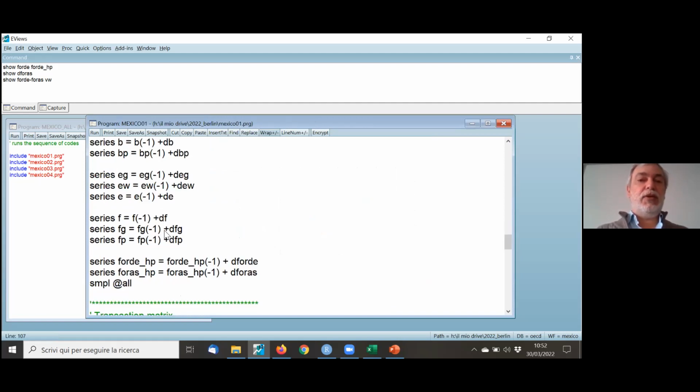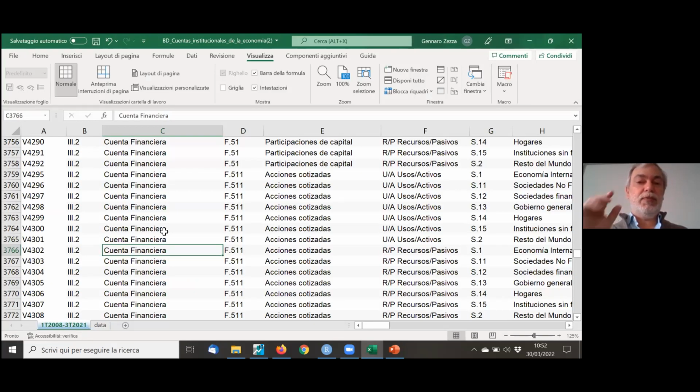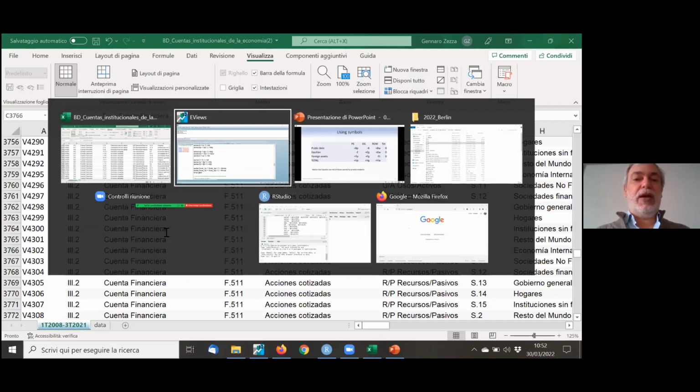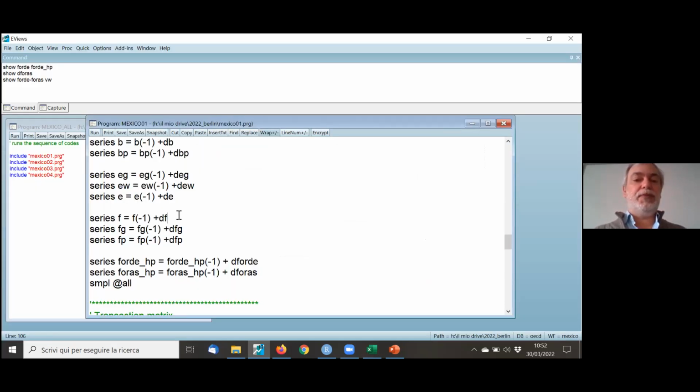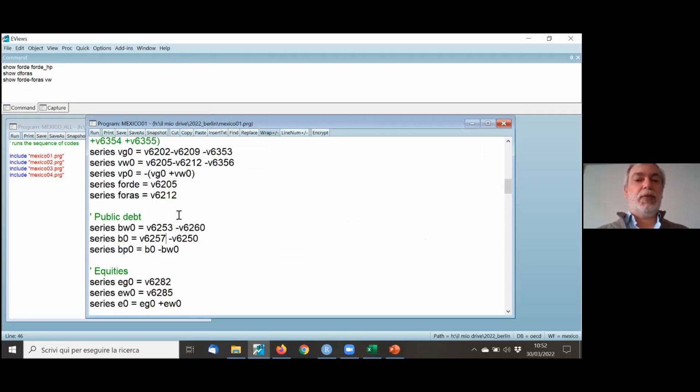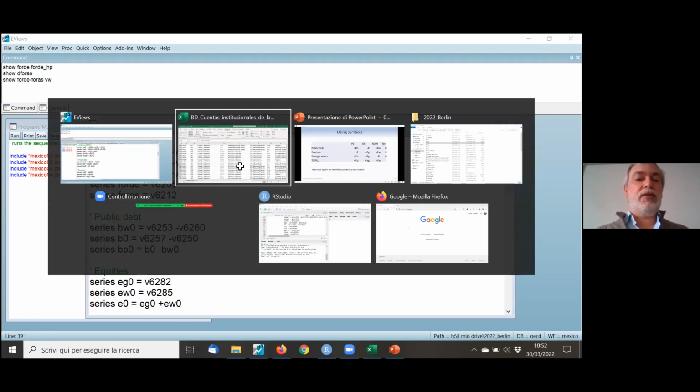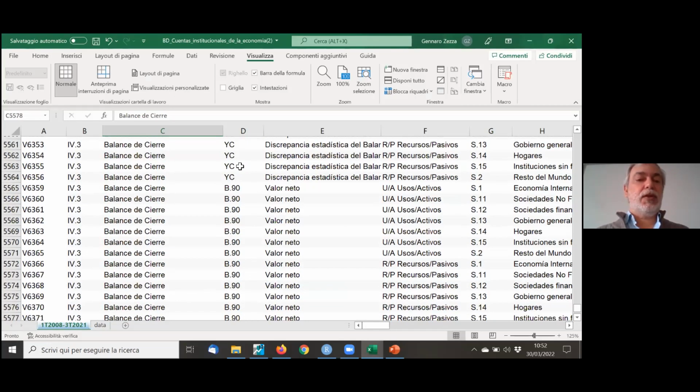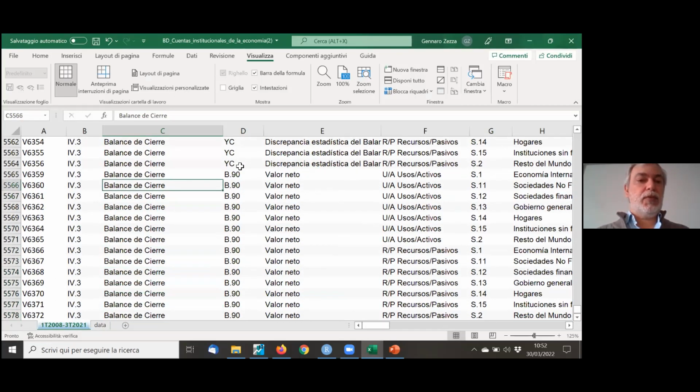And this something wrong may also be the consequence of the statistical discrepancy, which is the variable we had in here, V6356. Yes.